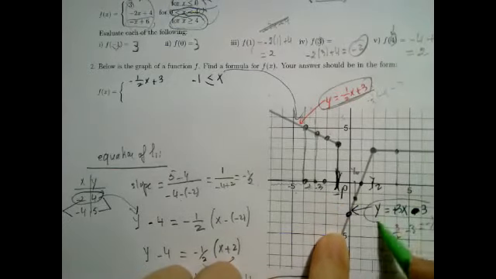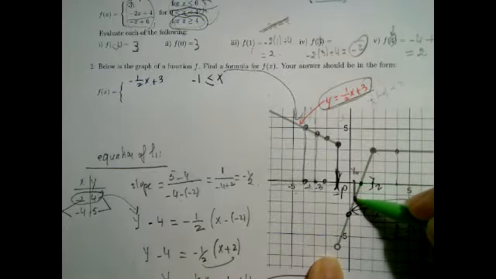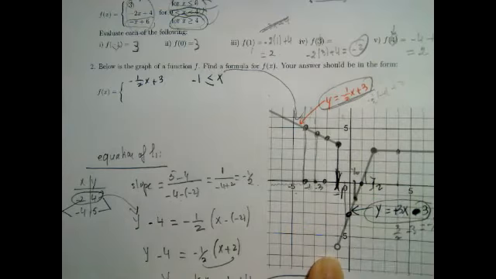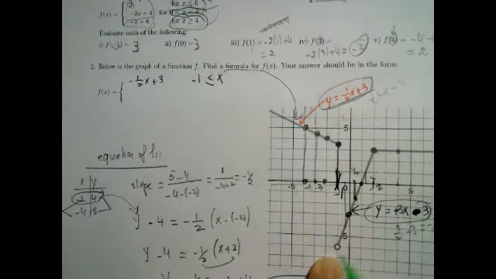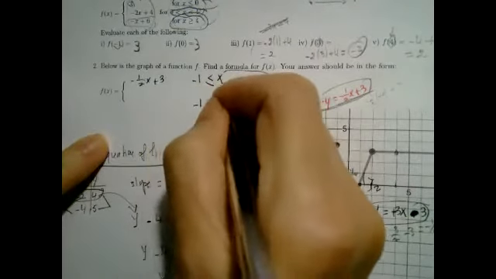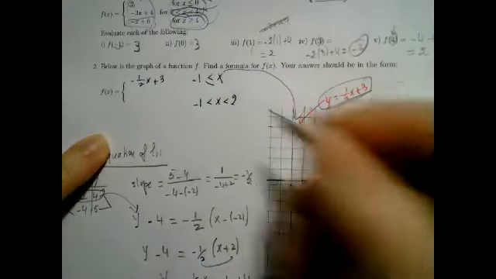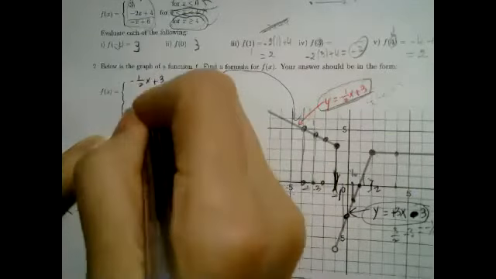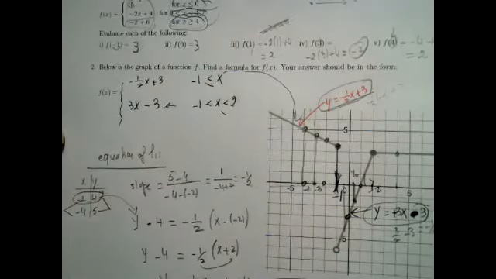It means that if I know the equation here, if I know the input, I know the output. But this holds between -1 and 2. As long as I am between -1 and 2, open at -1 and closed at 2, the output of my function will be 3x minus 3.